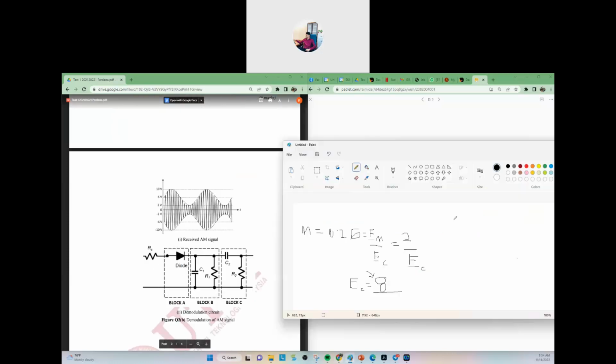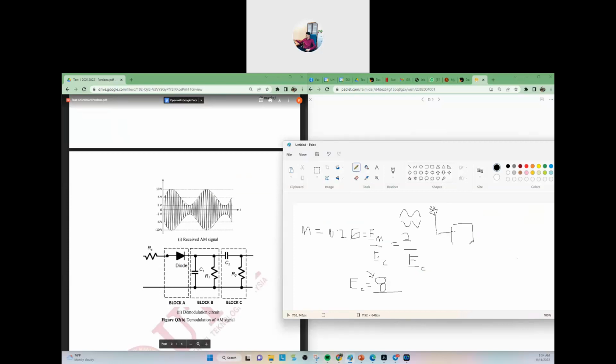Just like I told you, let's say we have an antenna here at the receiver part. We will be receiving the modulated signal. Then we have the demodulation circuits.